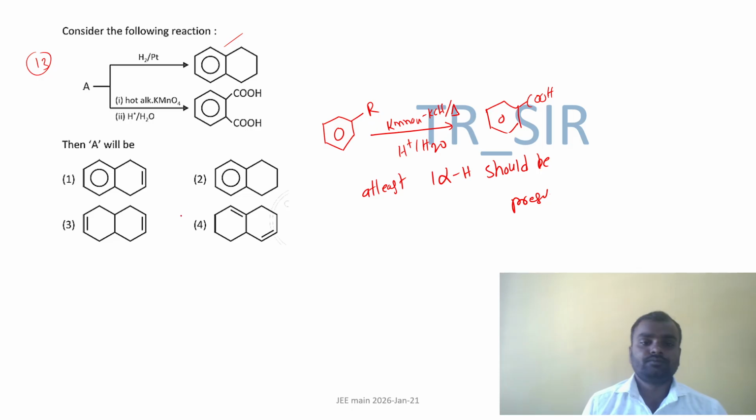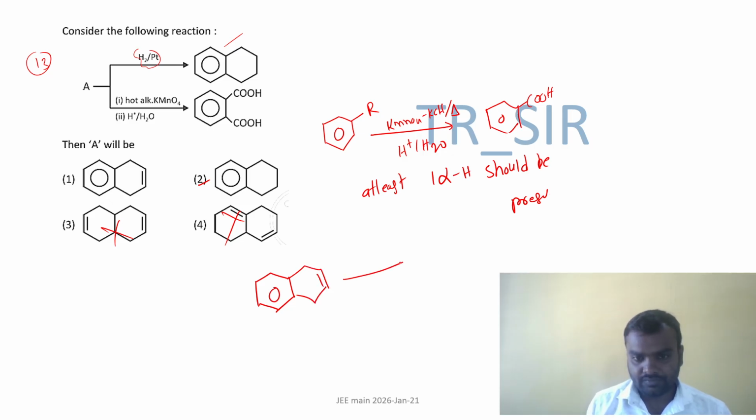So the first one must be benzene, the second one must not be. This will not come, these two cannot come. Why? After treating with this, the benzene part has to be left as it is. For example, if I take option one, what will happen?